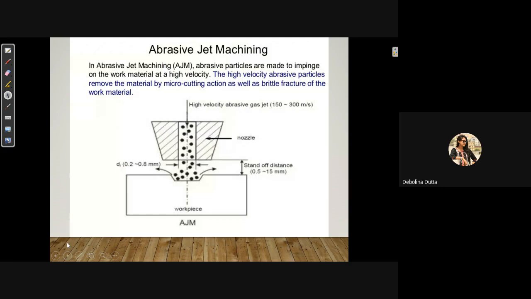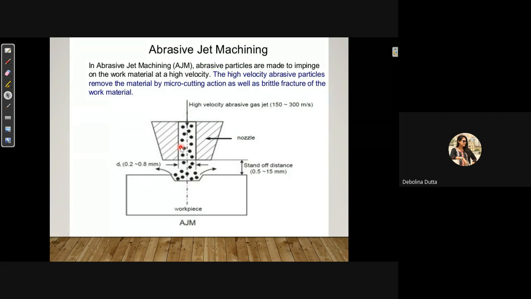If I have to describe the process, it's a very simple process. So in this particular process, removal of the material, okay, I think there is no confusion regarding this, that the main aim of all these machining processes is to remove the material. Okay, that means material removal is the prime concern for every machining process, whether it's a conventional machining process or a non-conventional machining process.